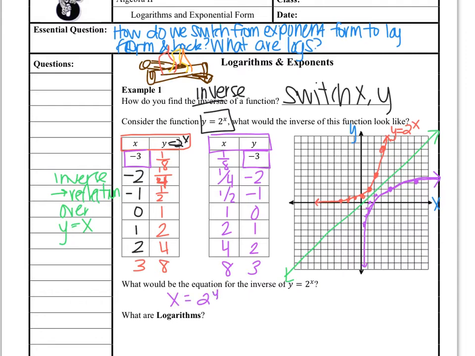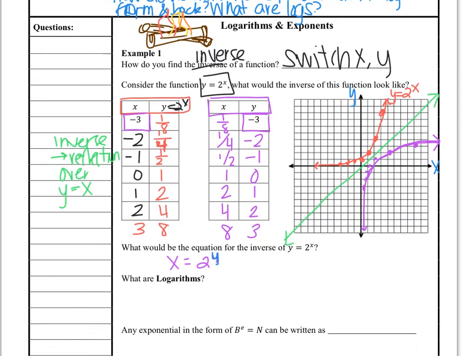Now, we normally want to get this back in y equals, but we're struggling because how do you get rid of y as a power? So now we're going to introduce these things called logarithms. And we shorten it by just using the word log. And again, it's not the kind that you build a fire with. So a log is an exponent.